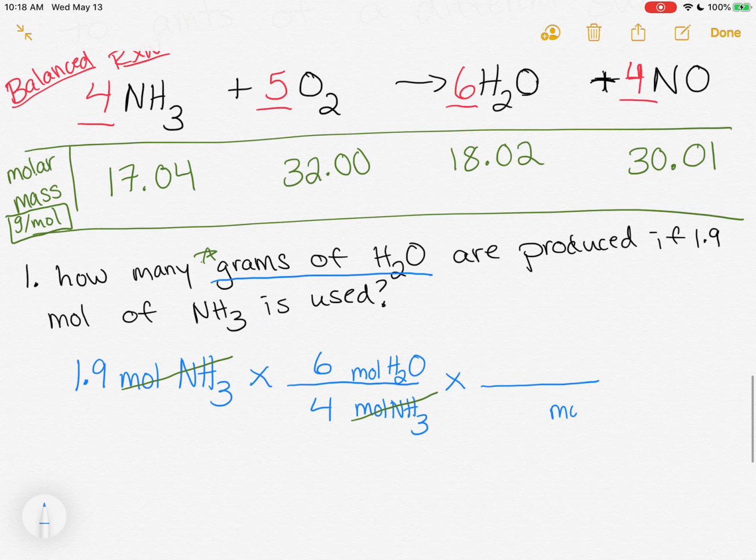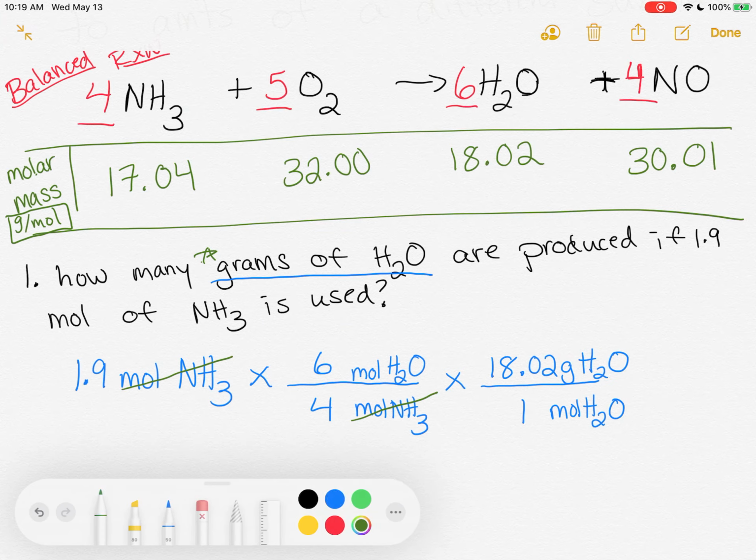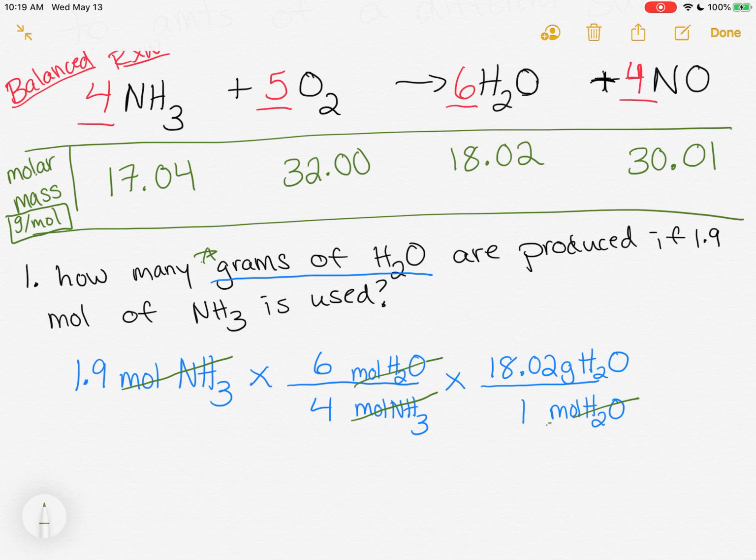So we're going to use another conversion factor here to help us get rid of the moles of water. Okay, and so 1 mole of water is going to be that 18.02 grams of water. And that's going to help us get rid of our moles of H2O.